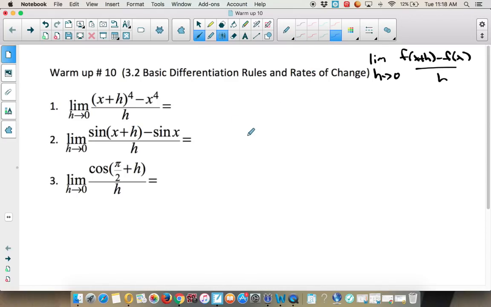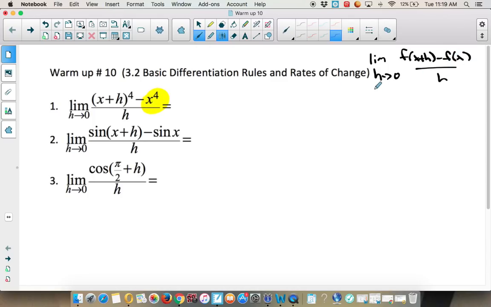And now that we're learning how to take derivatives, it's much faster to recognize that this language here is asking you basically to calculate the slope of a function. And in this particular instance, you just need to determine what your function is. This first one is easy because the function is right there.